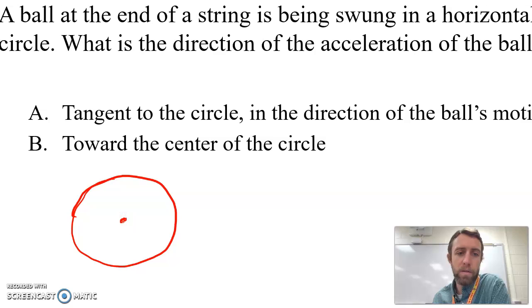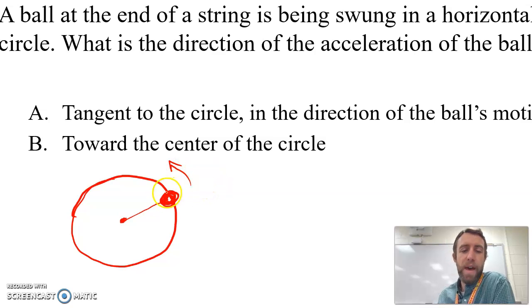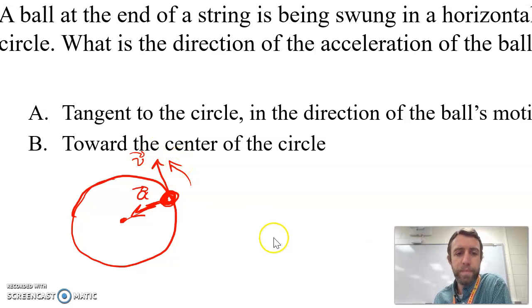Here's the center of the circle, here's the string, here's the ball, and it's moving around that way, let's say. Well, the acceleration, as we said, is pointed towards the center. So there's the acceleration, and the velocity at that point would be that way. So B is the answer.